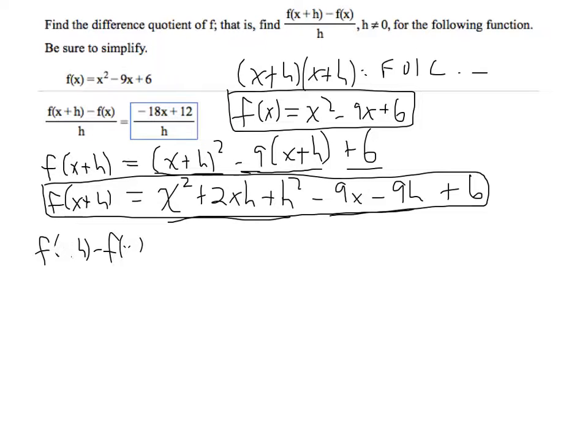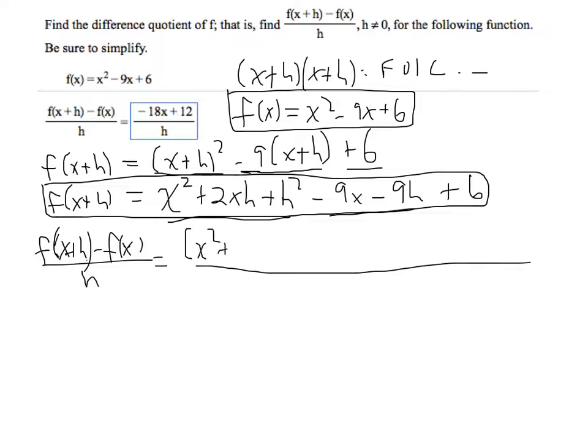Let me just write that better. f of x plus h minus f of x over h. And I'm going to use parentheses again. This f of x plus h is pretty complicated, so let me slap some parentheses around it just to make sure that I am keeping track of it. So this whole thing is f of x plus h.